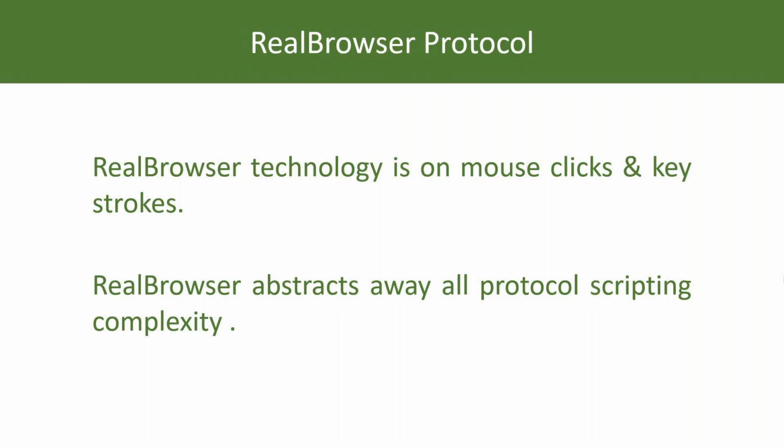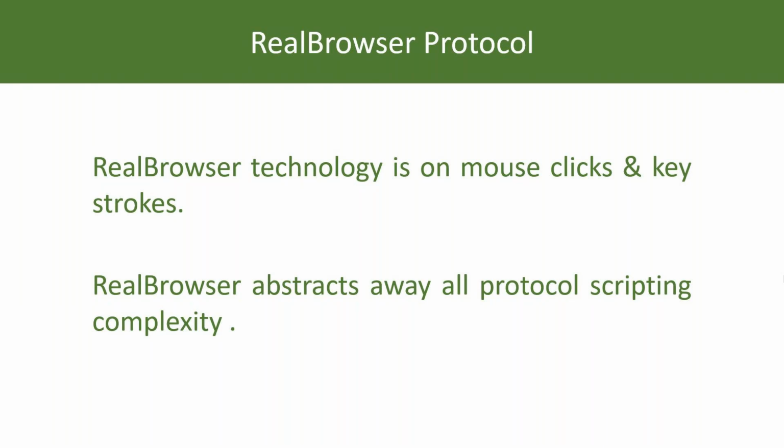I'm hearing some noise. So when we look at protocol scripting complexity, let's take the HTTP protocol. What could be the complexity that we find in HTTP? There are different challenges that we will find. There can be challenges with the embedded URLs. There could be challenges in sending the current date timestamp.